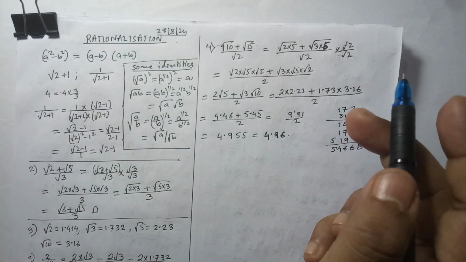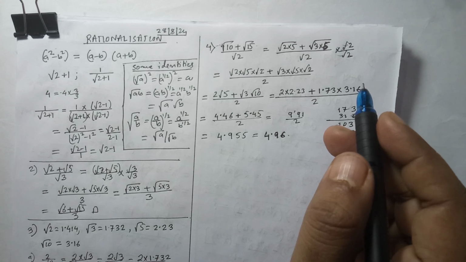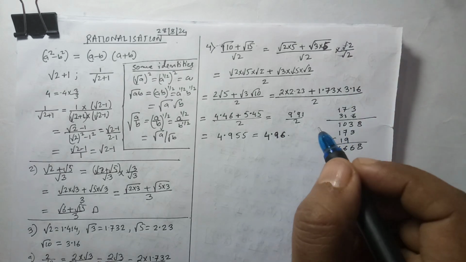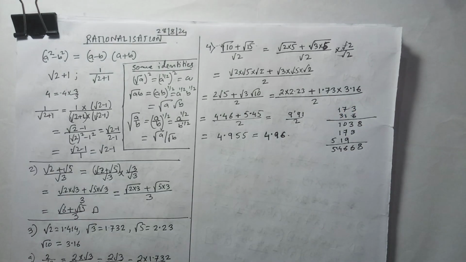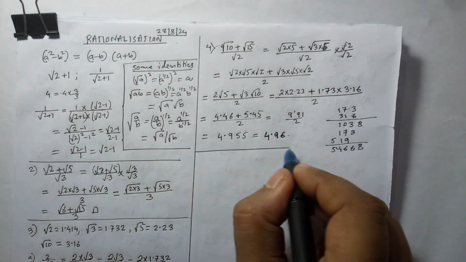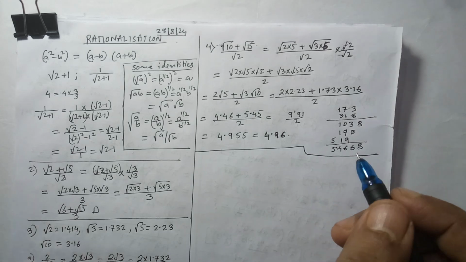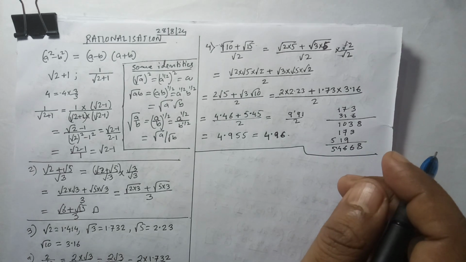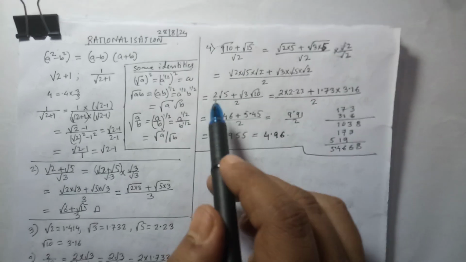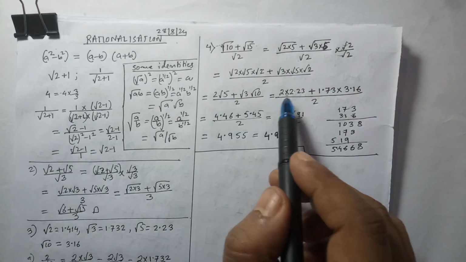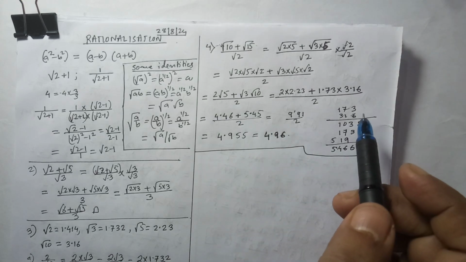Clear? In the book it is 4.97, and that is because I have taken only 1.73 and 3.16. Copy down. There is nothing much to explain, only you have to rationalize and do the multiplications correctly.